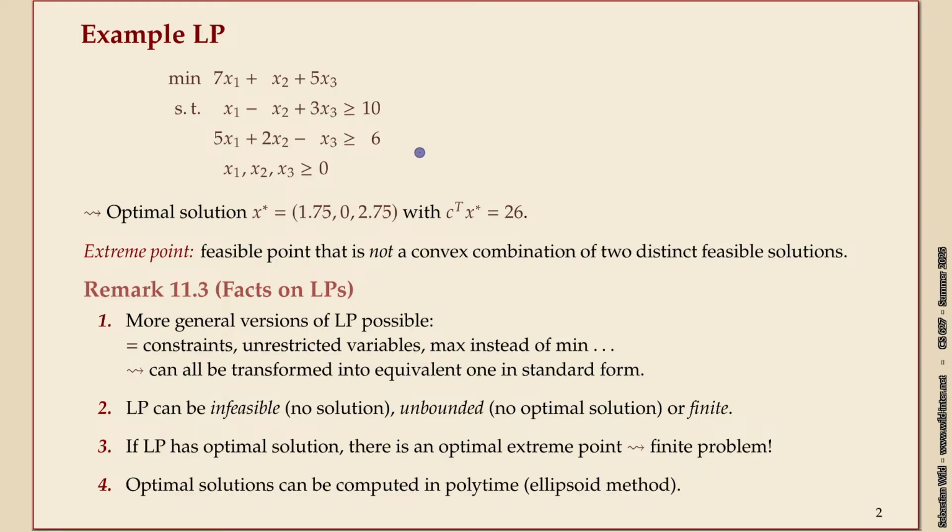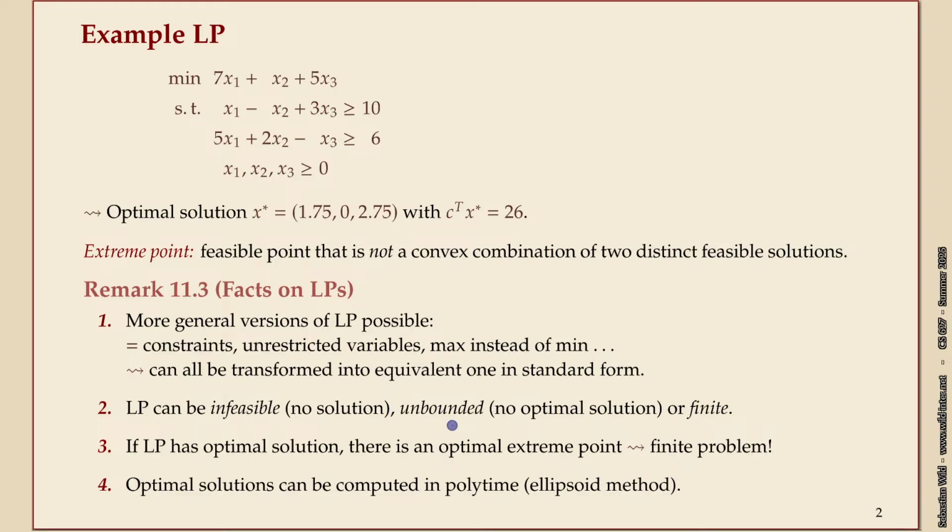Instead of the standard form that I've shown you, you can allow equality constraints. You can allow variables that are not just non-negative. You can do max instead of min. All these standard tricks to reformulate LPs we covered back then as well. But you can assume standard form for algorithms because you can transform. In general, such a program can be infeasible, meaning there's no value for x that satisfies all constraints simultaneously.